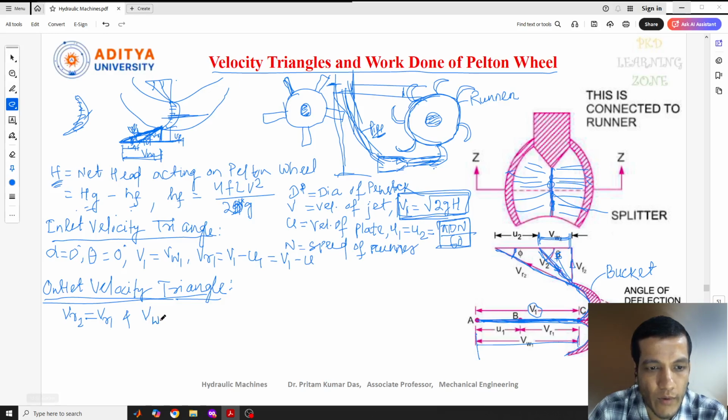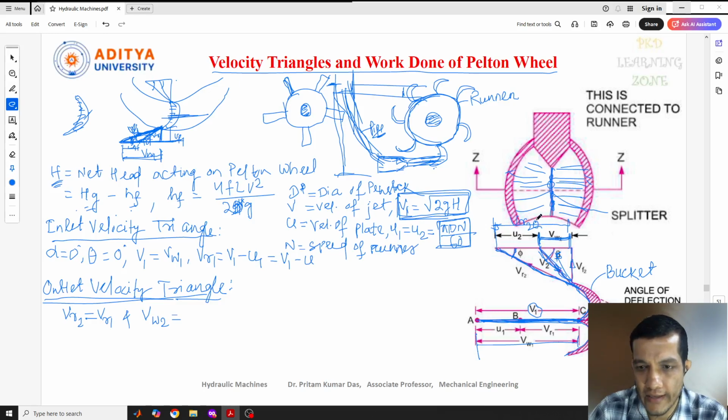Now VW2, what can I write here? The horizontal component of the relative velocity VR2 at the outlet condition is VR2 cos phi.